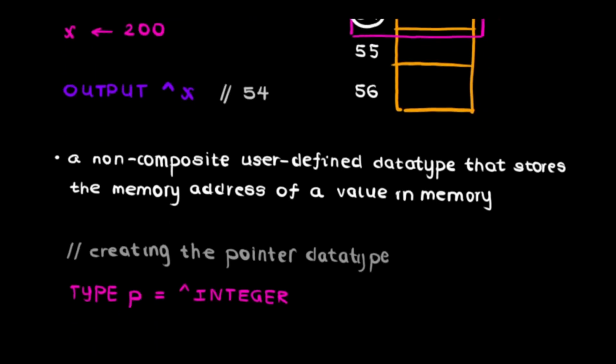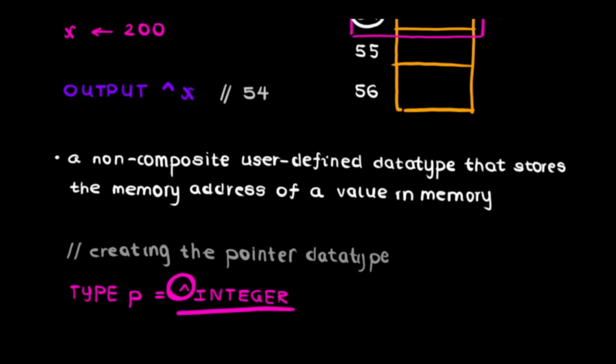Now we know that the circumflex gives us the memory address of some variable. So when I declare a new data type called P, that is apparently a pointer data type, and I assign it equal to circumflex integer, what it's actually doing is creating a pointer data type that is ready to store the address of some random integer, right?